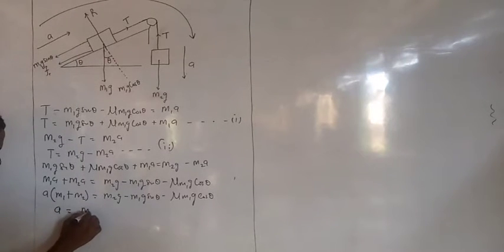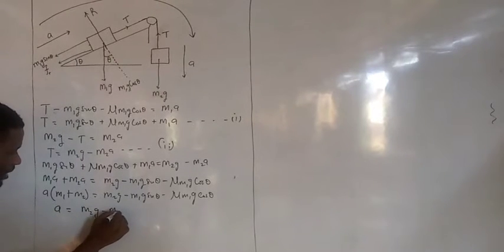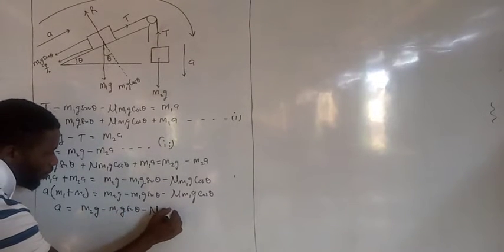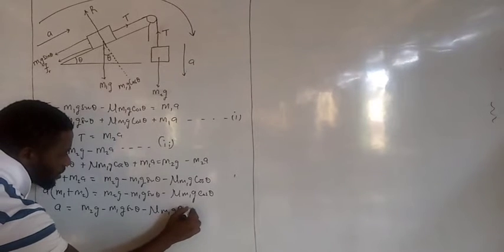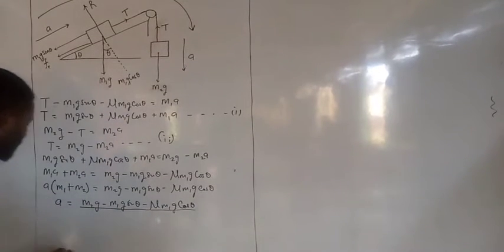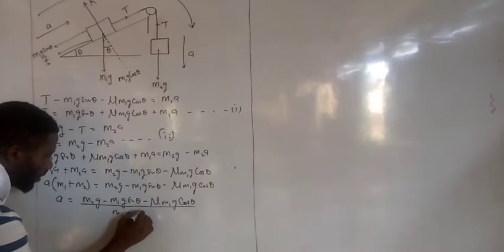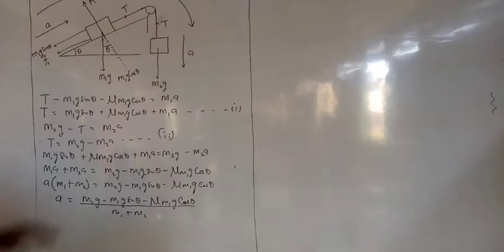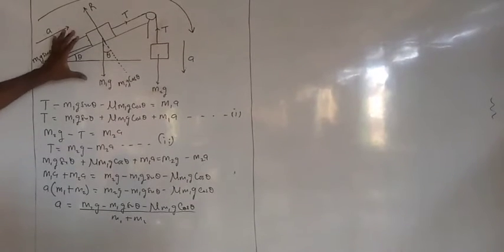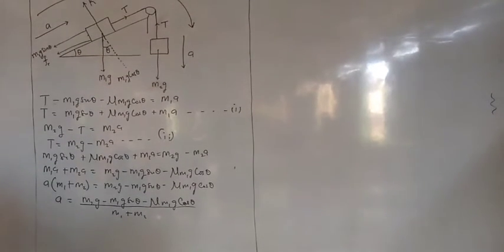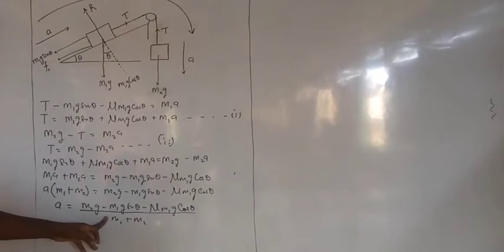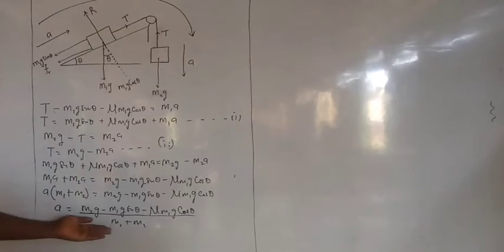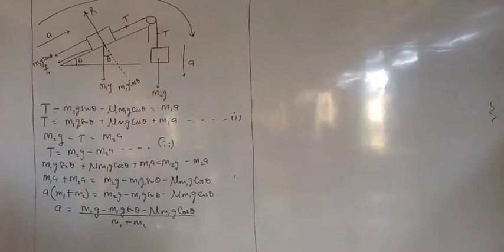Acceleration is equal to M2G minus M1G sin theta minus mu M1G cos theta all over M1 plus M2. So in this kind of a structure under frictional force, to calculate acceleration here, you simply use this formula. You may not need to know how to derive the formula, but the moment you know the formula, you can input the values that you are given.